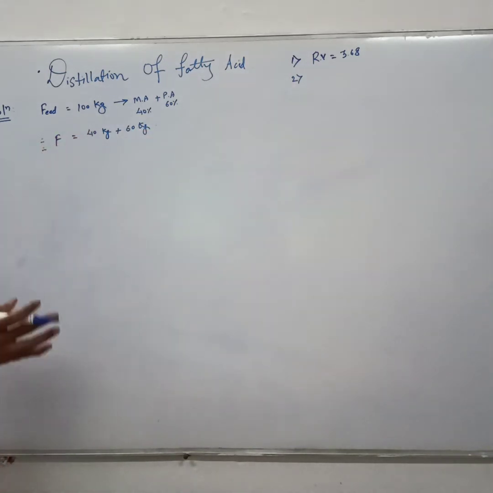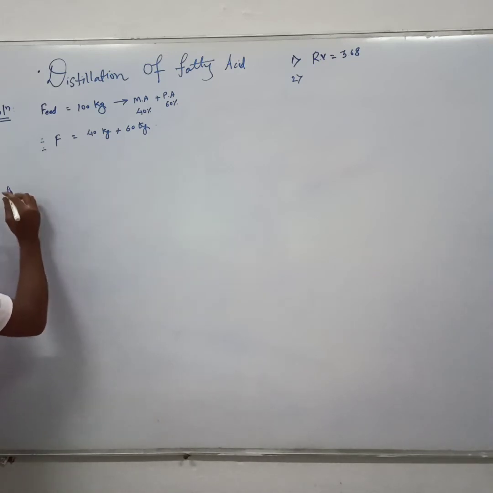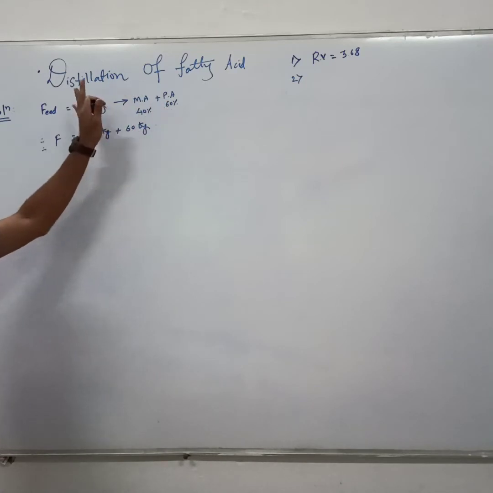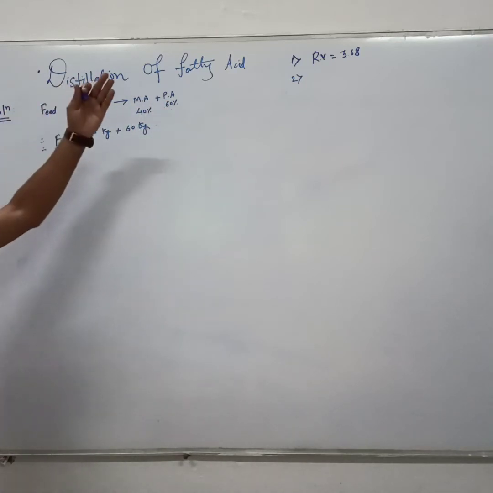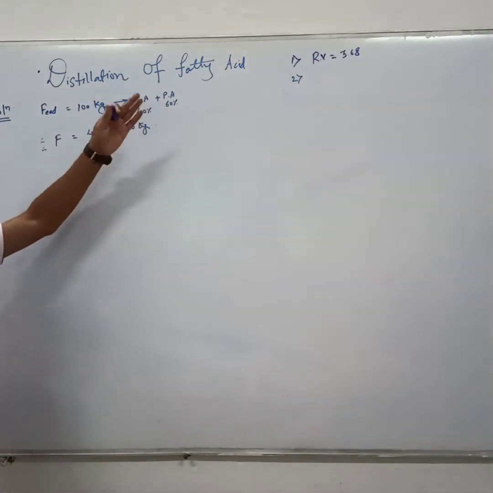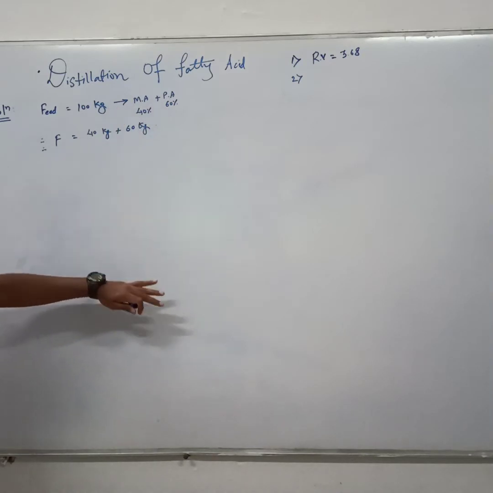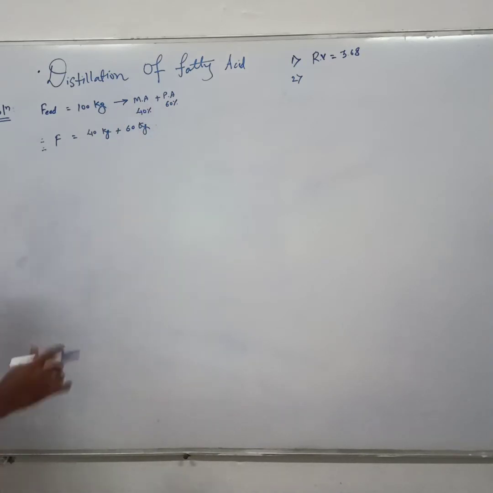Now before that, we need to calculate the molecular weights to find the mole fractions of the specific fatty acids present in our feed, in our top product, that is the distillate, and in our bottom product, denoted by XW.